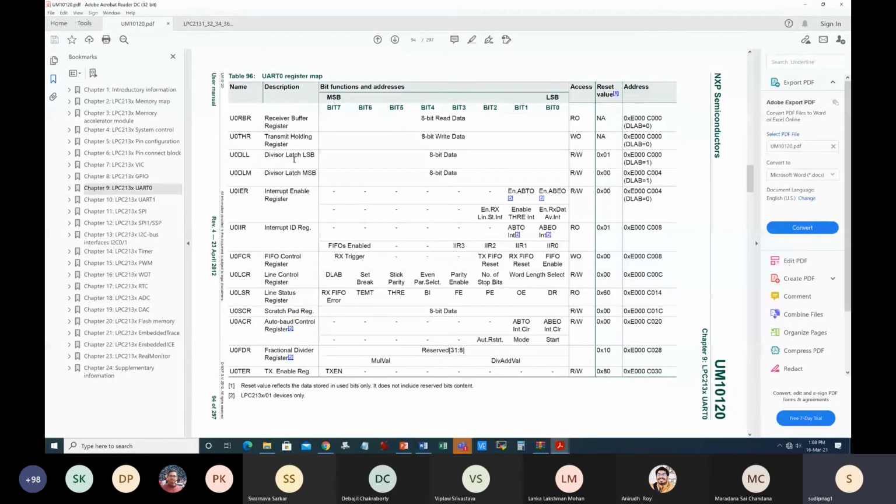I can elaborate on this separately through a separate document or writing. But for now, just be reminded that this fractional divider register reduces the chances of errors in the sampling duration for this UART.